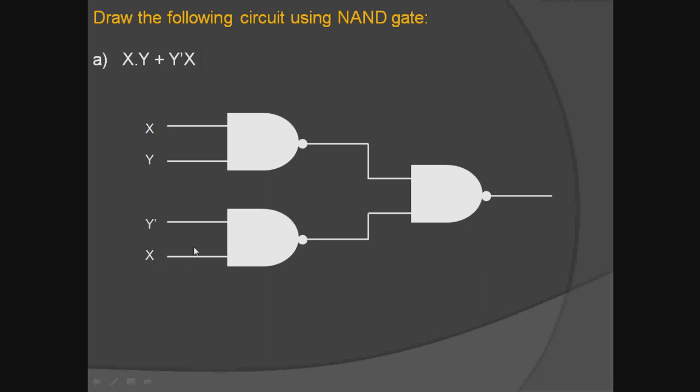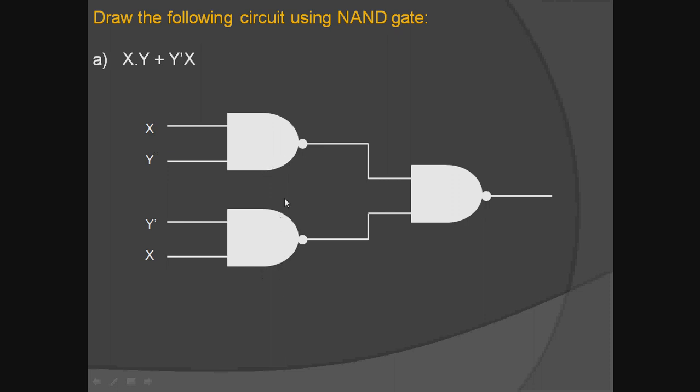And since you know that, be it how many inputs you get, the output will be only one. So that's why you have these three NAND gates. It's up to you to find out what will be the output of this. So try it out and check what output you get. Keep in mind that this is a complement, so that will be a complement on that.